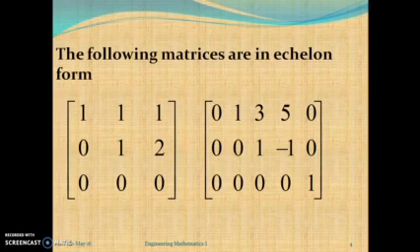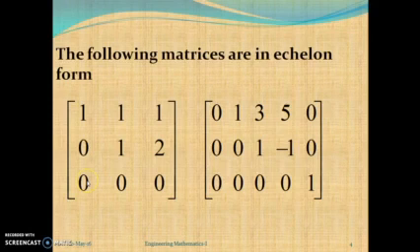First example: the matrix is a 3 by 3 matrix. There are 3 rows and 3 columns, therefore it is called a 3 by 3 matrix. The first matrix is in row echelon form because it satisfies all 3 properties.